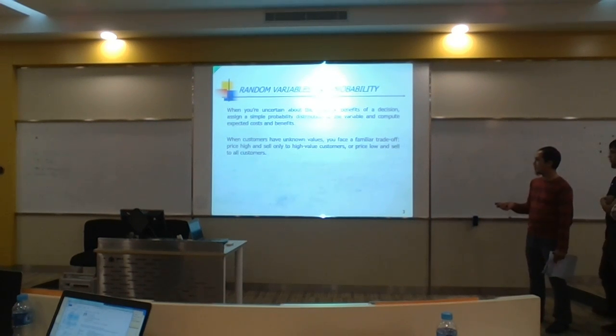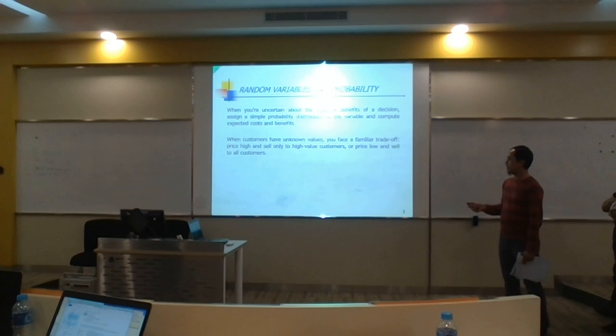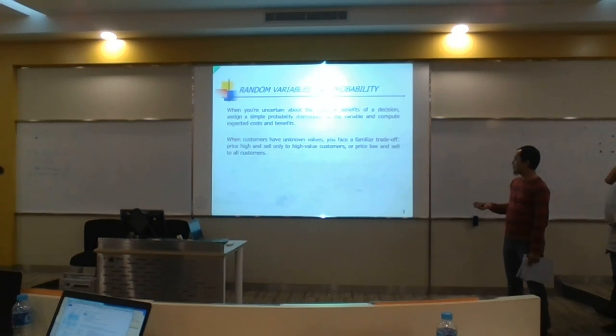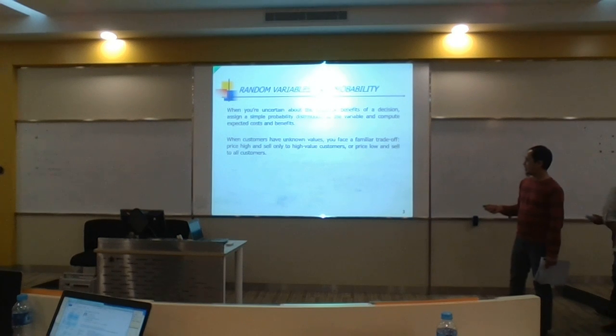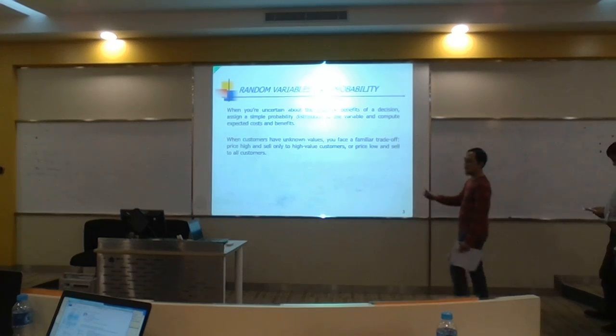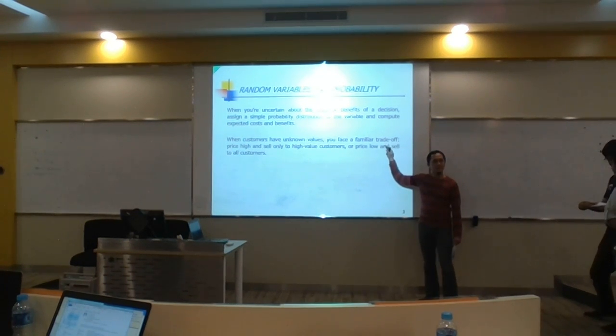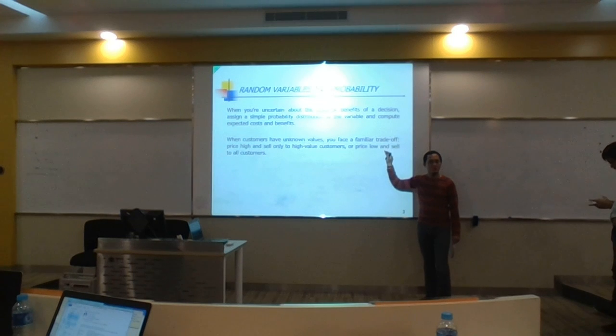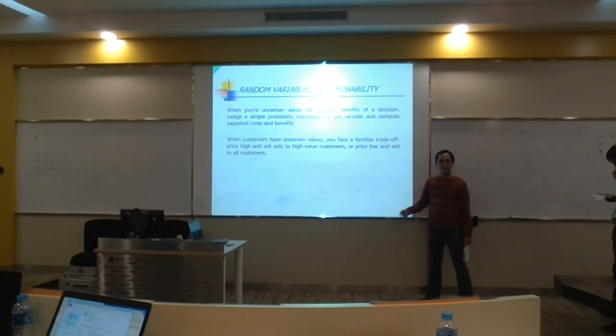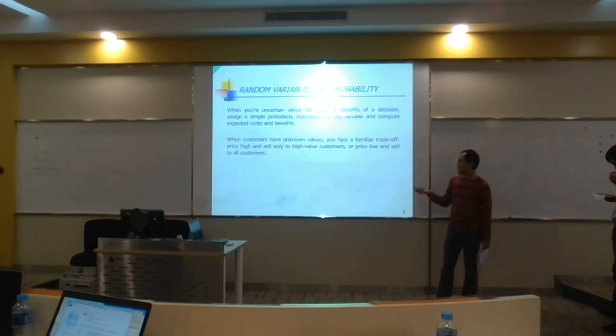One of the quotes is that when customers have unknown values, you face a familiar trade-off: price high and sell only to high-value customers, or price low and sell to all customers. This is one of the decision-making processes, whether you want to sell at a high or a low price. This is an example.